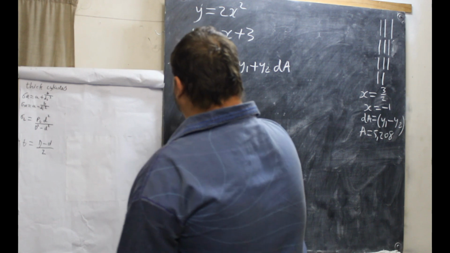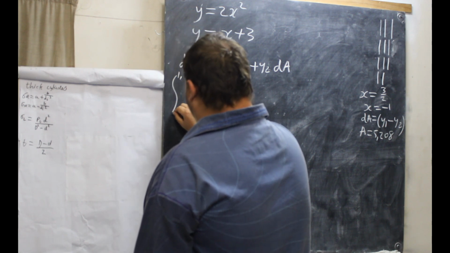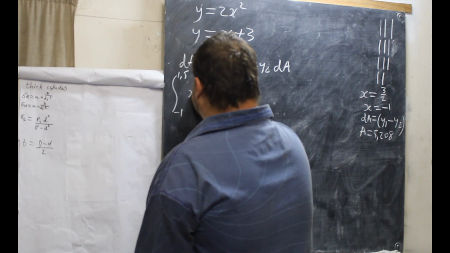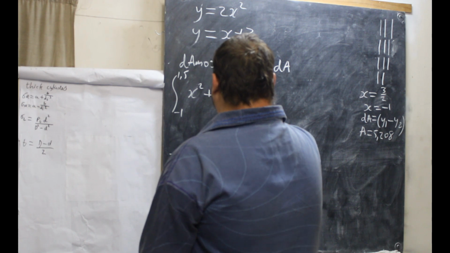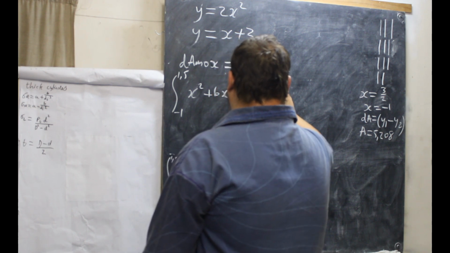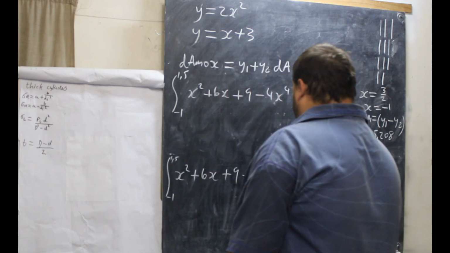Let's create a bit more space and get it done. So I'm just going to rewrite this. The integral from 1.5 to minus 1 of x squared plus 6x plus 9 minus 4x to the power 4. Right.